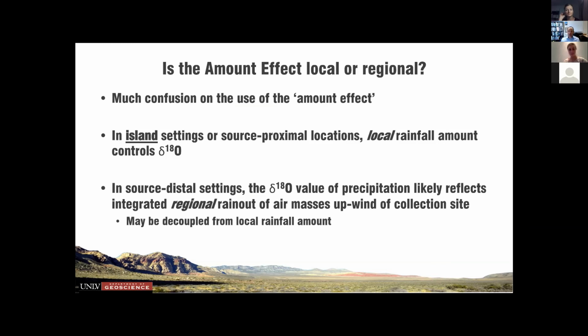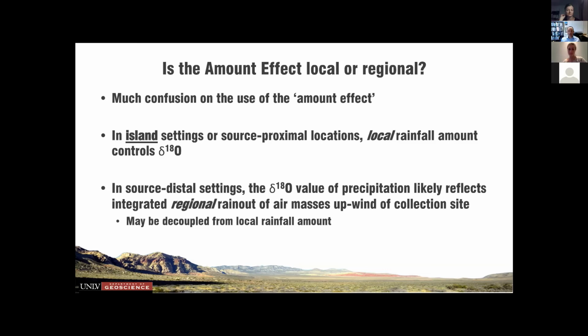So it could be that if you're working just on a small island, you might have a very simple rainfall amount that's related to local rainfall and oxygen isotope values. However, if you're working in other locations, it's significantly more complicated. And that's because how much rain falls out of an air mass upstream of your location might be more important than how much rain falls at your particular site.